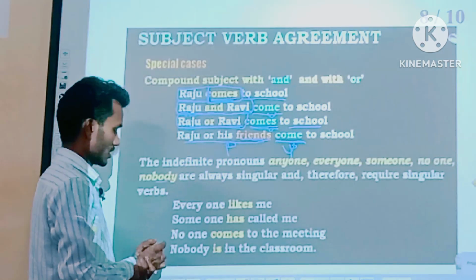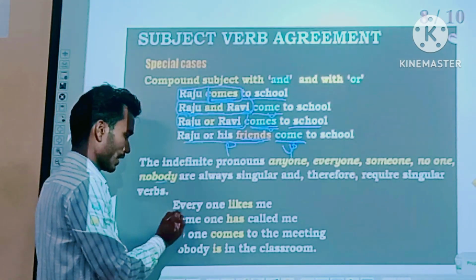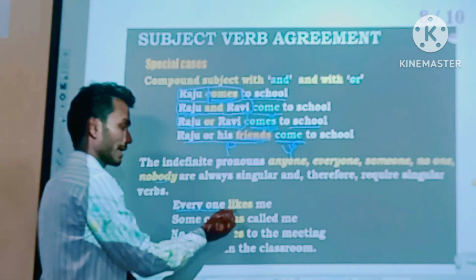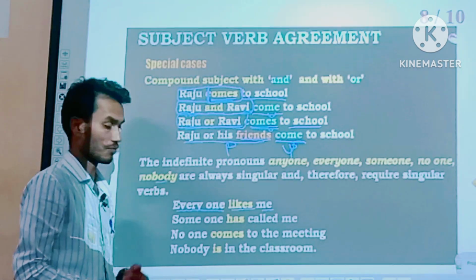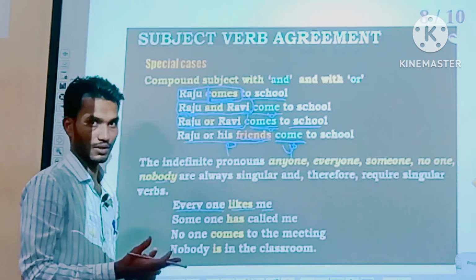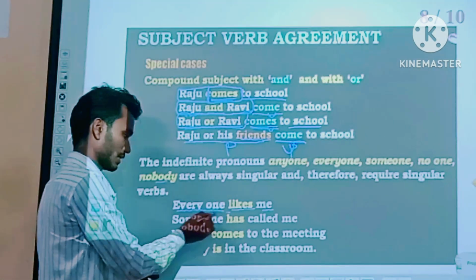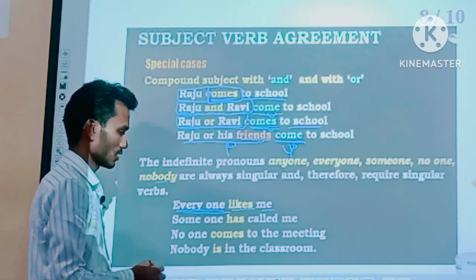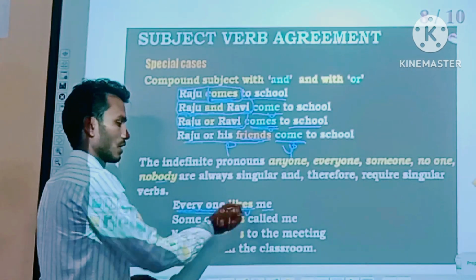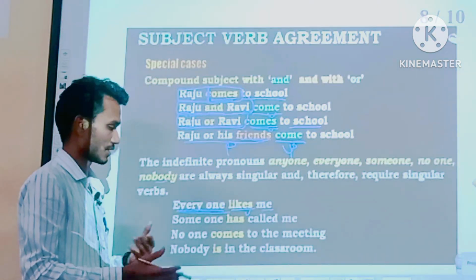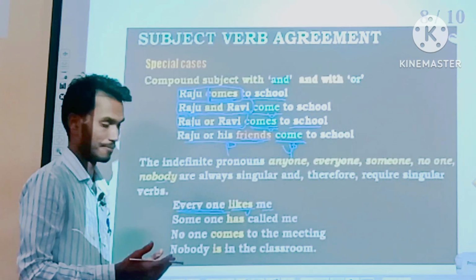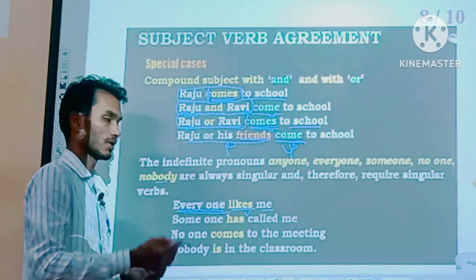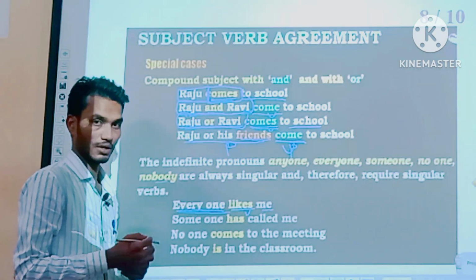Say for example, everyone likes me. Everyone, the subject is singular, that's why the verb should be singular. Likes, it is not like, that's wrong. We should say everyone likes me, right?